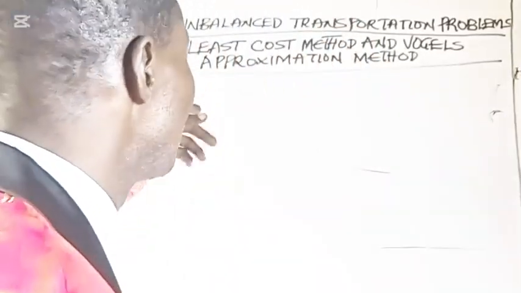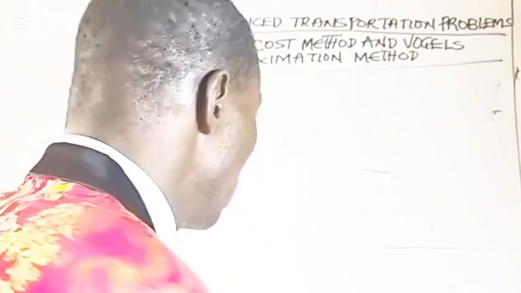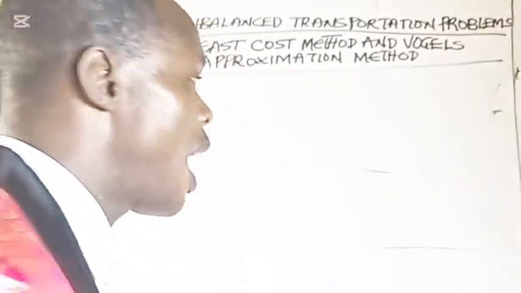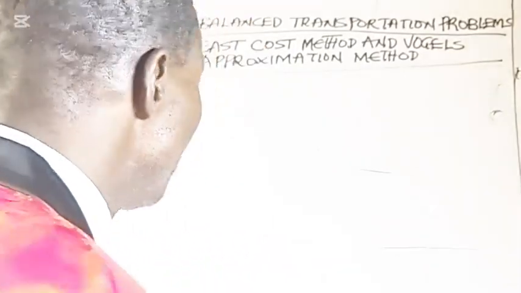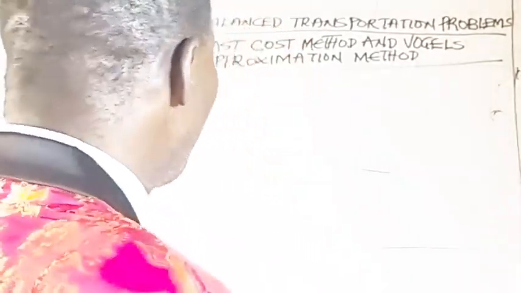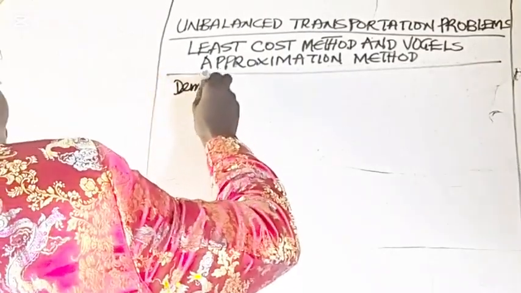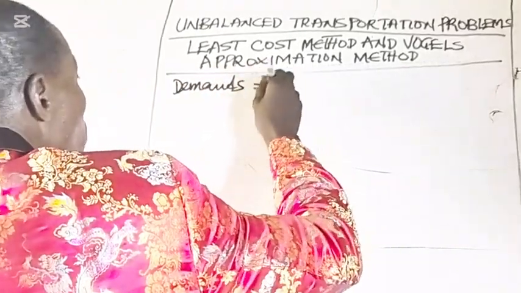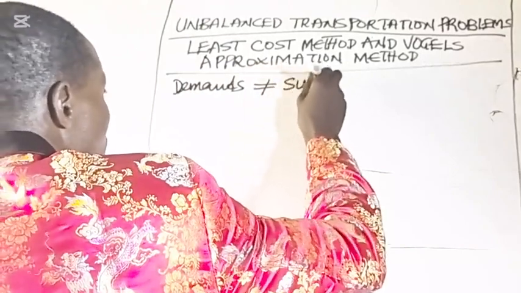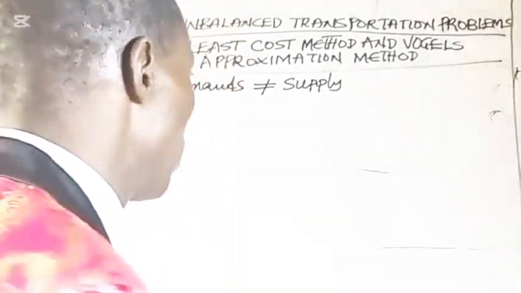So this is the extension or the continuation of my earlier videos on the topic. I've told you unbalanced transportation problem is the type of problem in which the number of demands is not equal to supply, or supply and demand are not equal.